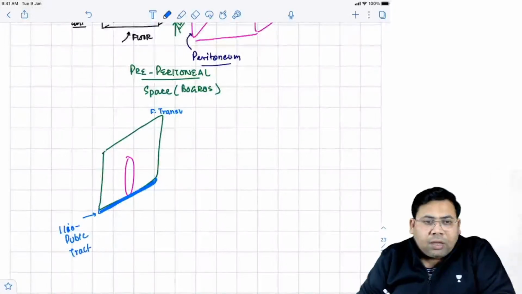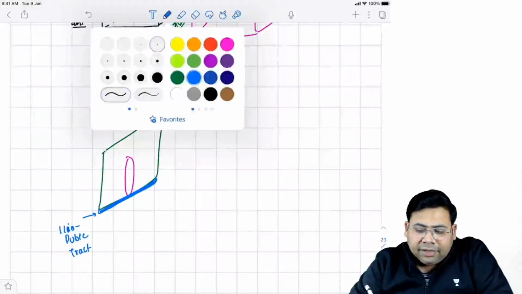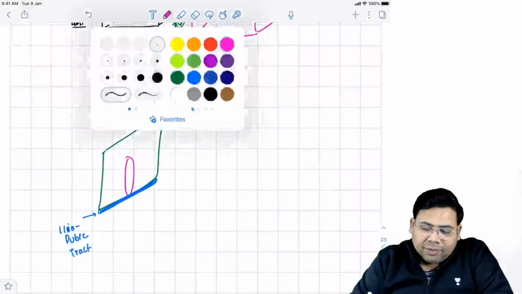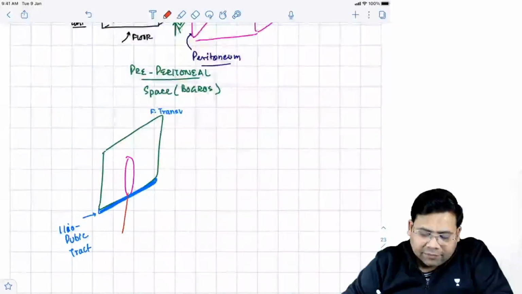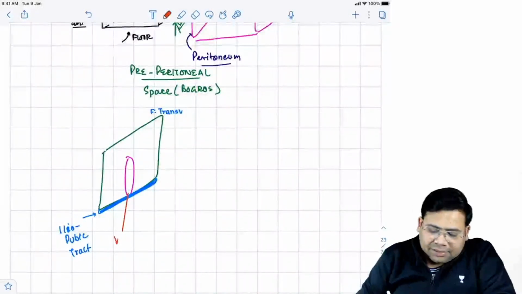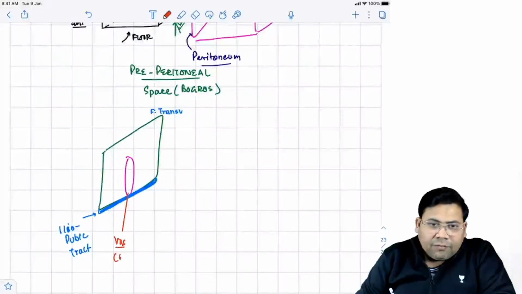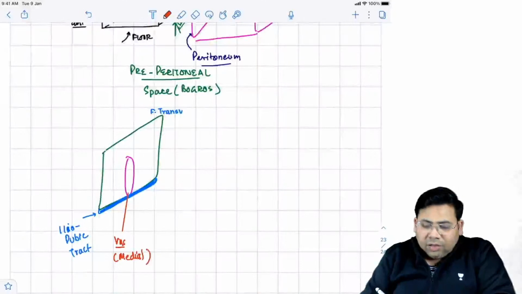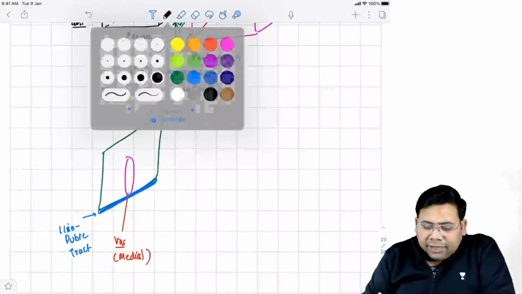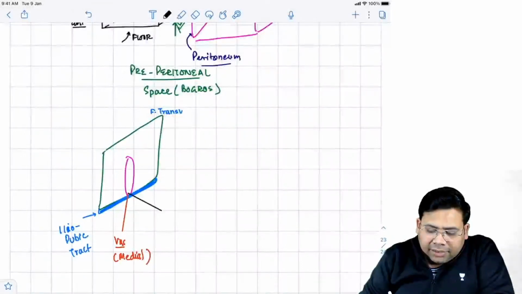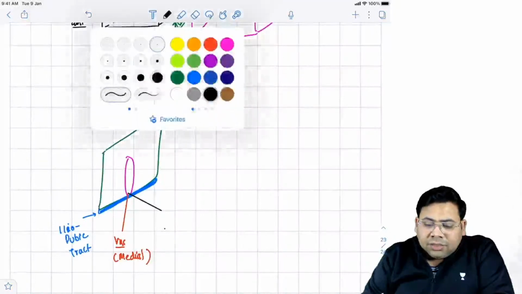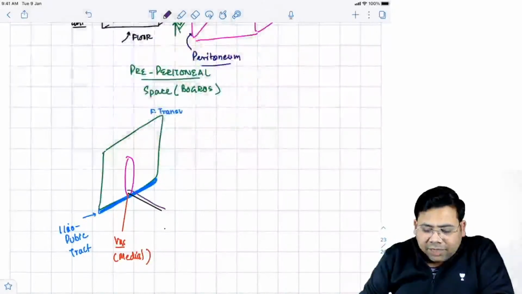Now, who is entering the canal from the medial side? Answer is, sir, it is the vas. Vas is going to enter the canal from the medial side. Now, who is going to enter the canal from the lateral side? It is the gonadal vessels.